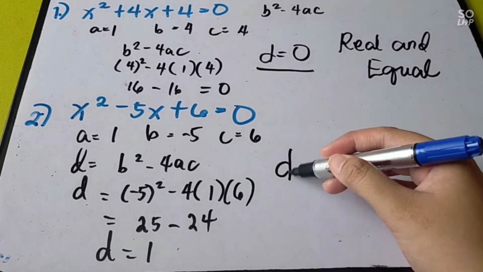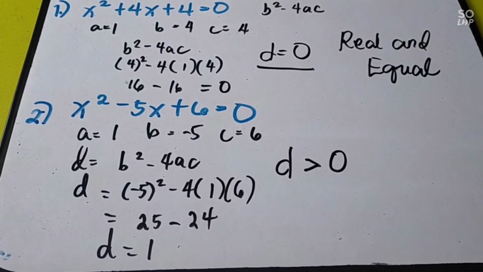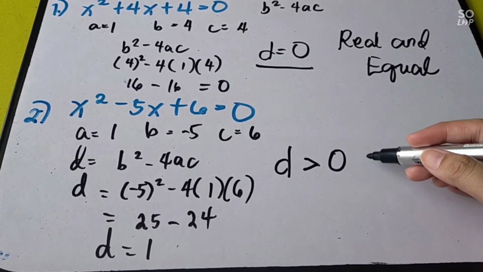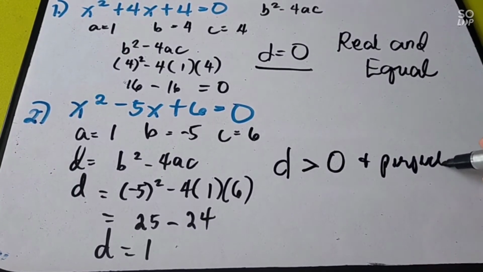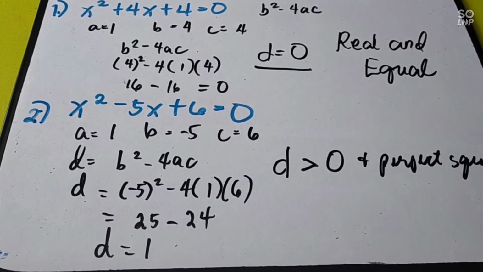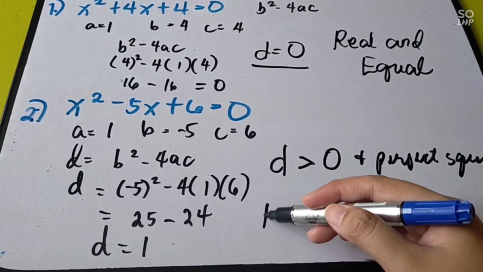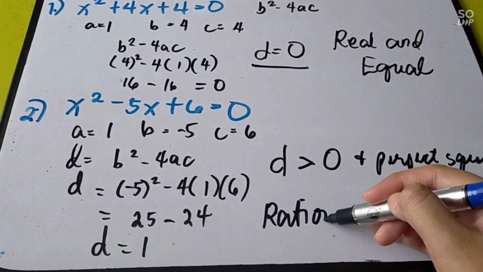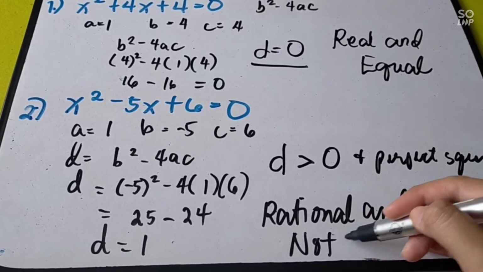Therefore, d is greater than 0. Okay? D is greater than 0 and perfect square. Diba? Perfect square, 1. Since d is greater than 0 and perfect square, therefore, the nature of the roots is rational and not equal.